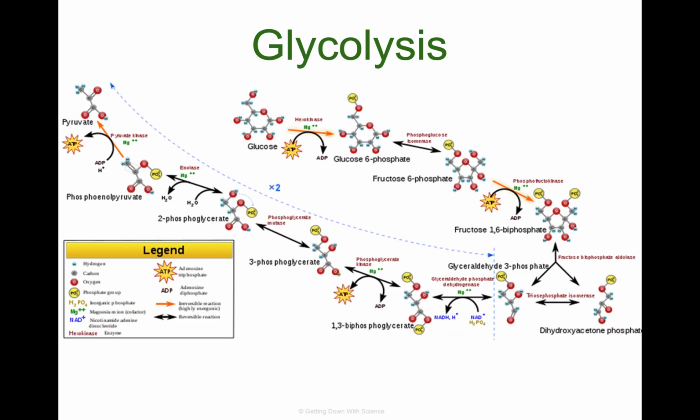Here's the whole process. It looks like a lot, and it is a lot. The fun fact is, you don't need to know every single step. Don't need to know that until college. So all you need to know over here is that we start with a molecule of glucose up here, and it has 1, 2, 3, 4, 5, 6 carbons.